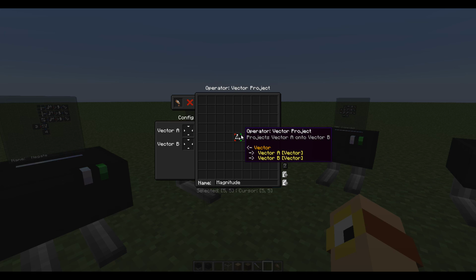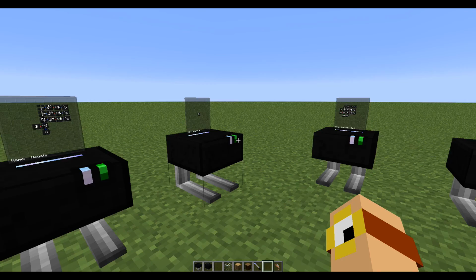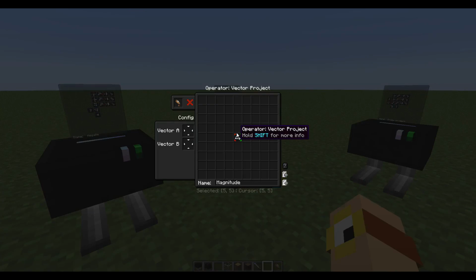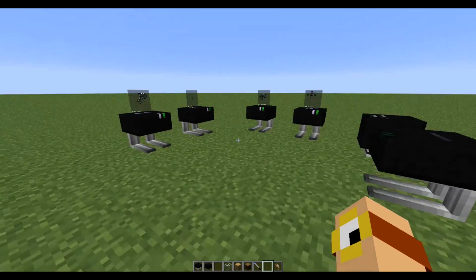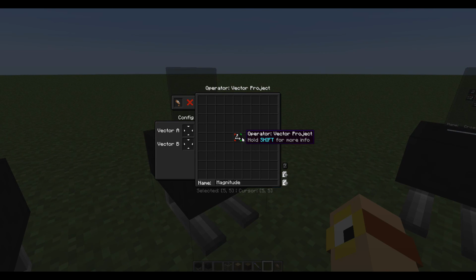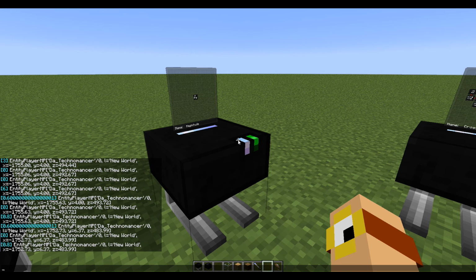It involves trigonometry, and I don't know how to put vector project in simple terms. I'm not even going to try to explain what it does, because it is very hard to explain. I can't even show you the equation properly because it involves characters I can't type into this window.